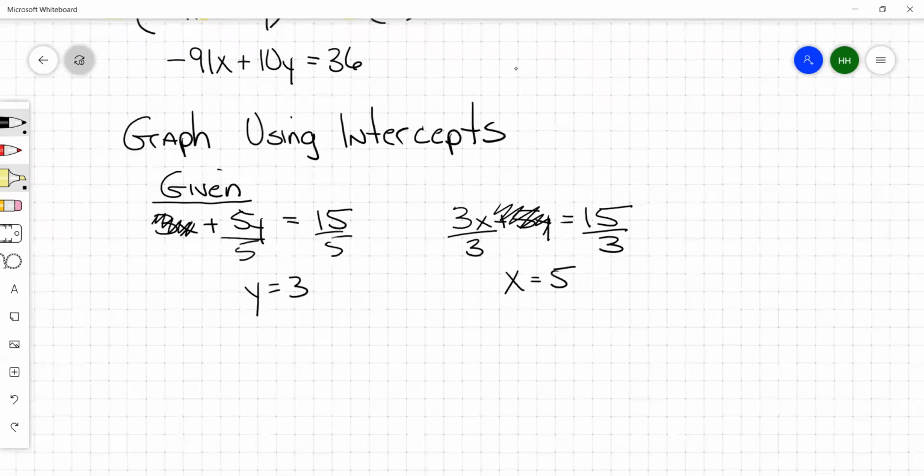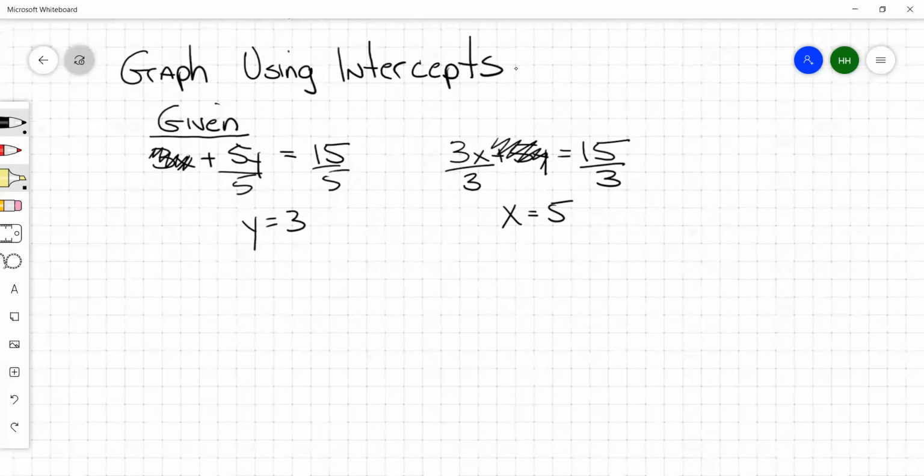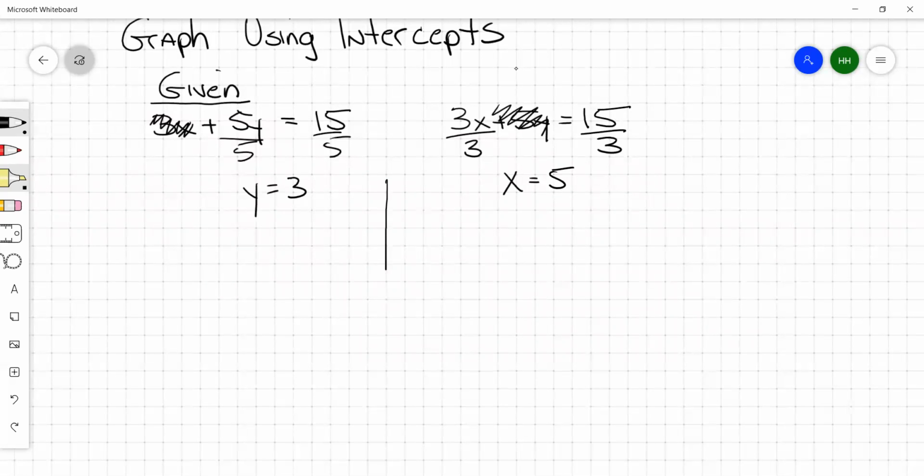Now, if you draw the coordinate plane, and on your x-axis, you put a point on 5. So 1, 2, 3. Here's 5, and you put a point there.